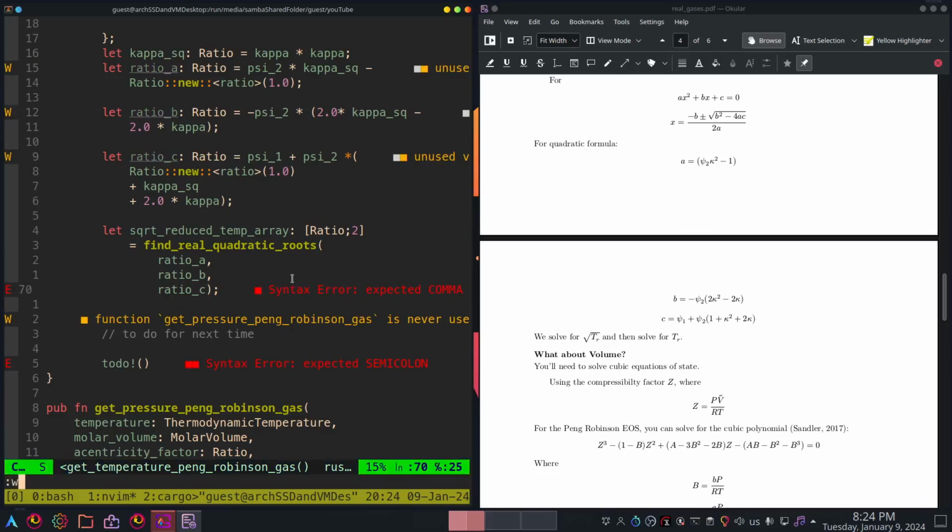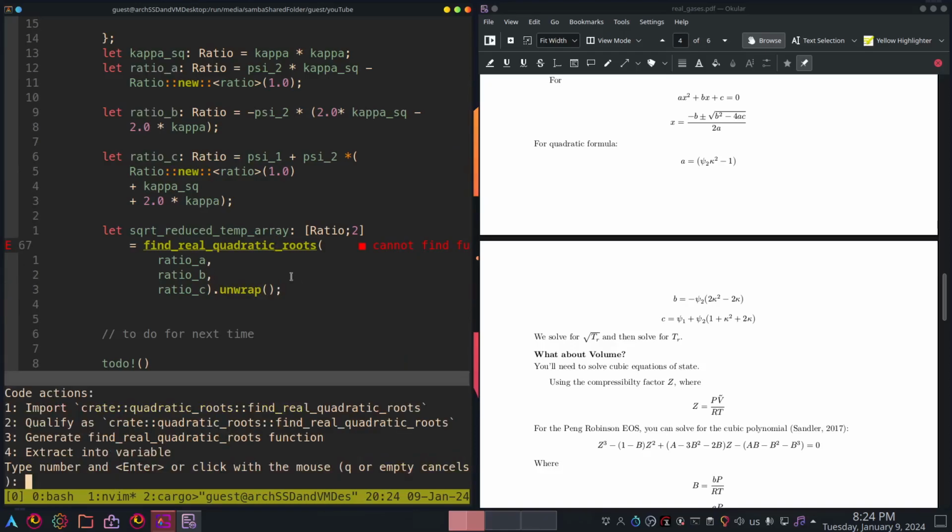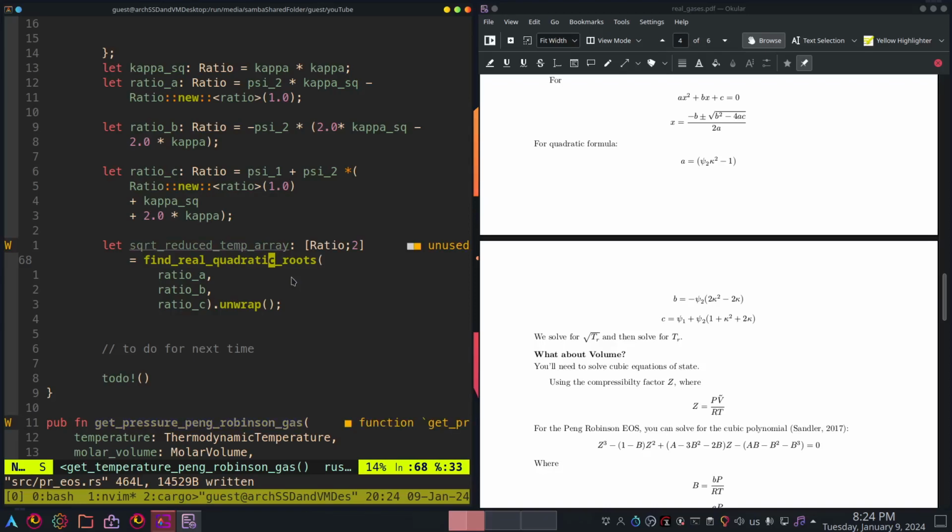There are two ways you can do this. You can unwrap, and then I will import the quadratic roots. Okay, and I can use the unwrap. However, that's not really good for error propagation, so I'll show you how to deal with it later.